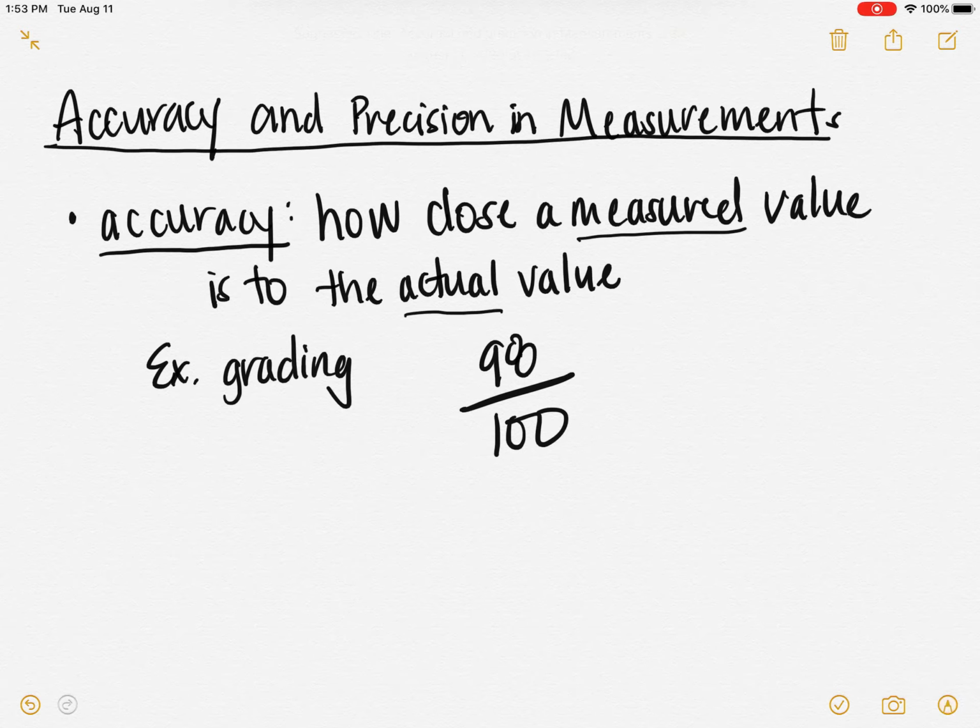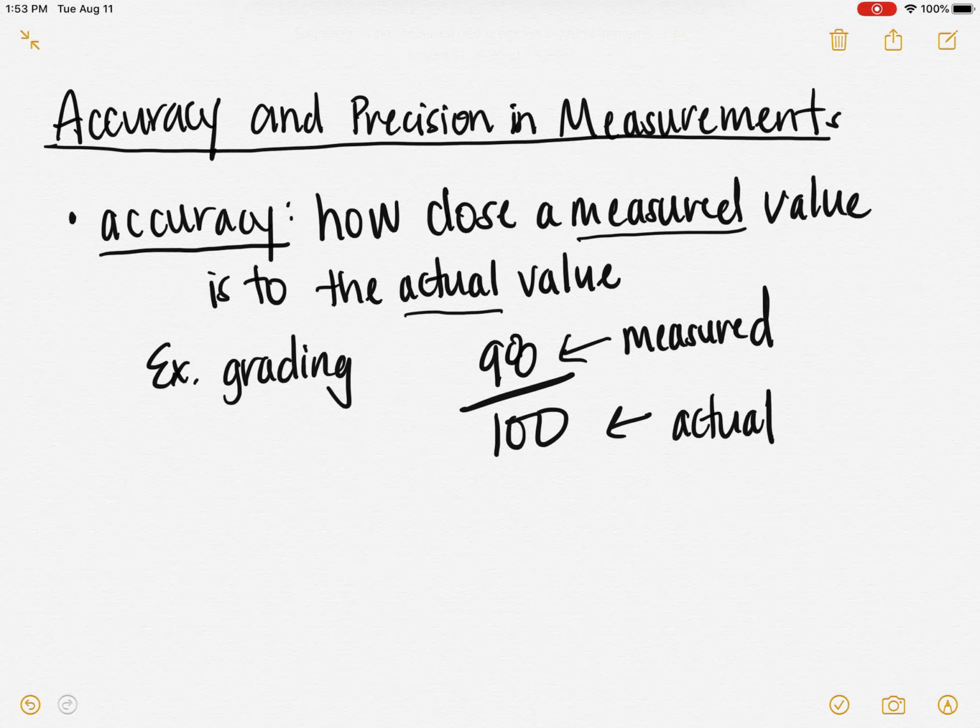Okay, so you know that the 100 is the actual value, while the 98, I know it's not really measured here because you earned that score, but that would be what would fall into the place as the measured value. And so if you had to gauge your accuracy on this test, how close were you to that actual value of 100? I would say you were pretty close.